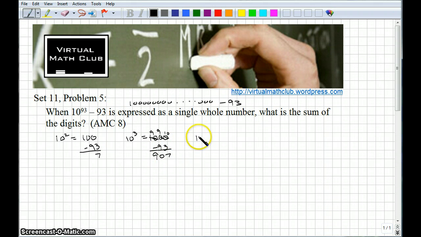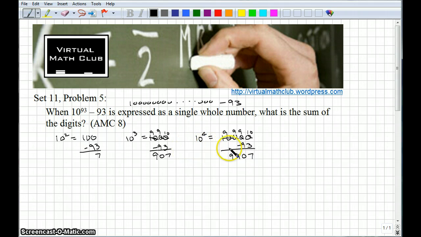So let's take a look at 10 to the 4th. That's equal to 1 with 4 zeros, which is 10,000, minus 93. We could do something similar with that. So we would end up with 9, 9, and then 0, 7.